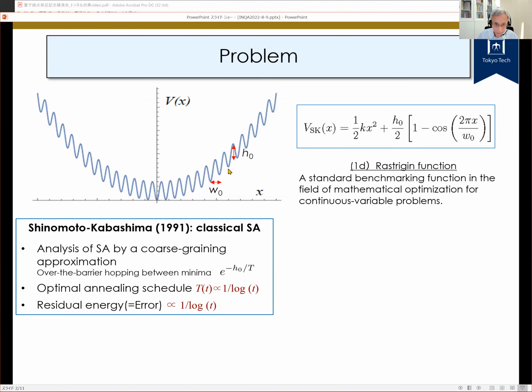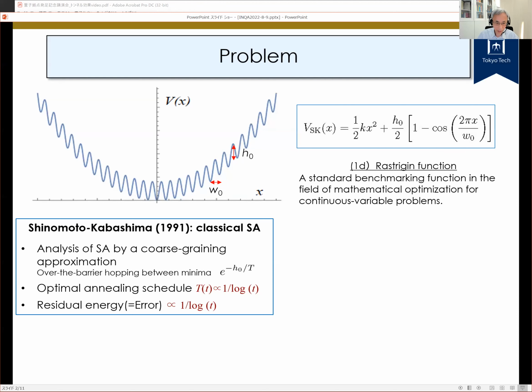And they wrote a hopping equation between those discrete places, and they took the continuous limit by taking the zero limit of this width. And they solved the resulting differential equation to conclude that the optimal annealing schedule, the temperature as a function of time, is proportional to the inverse of the log of time.